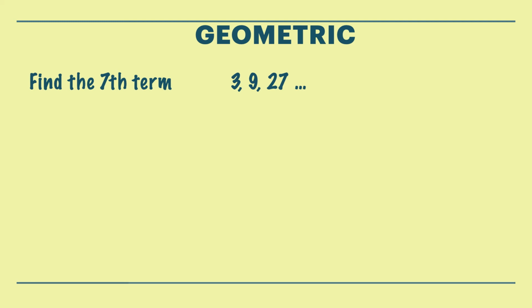So we want to find the 7th term of that sequence. Remember we had a sub n equal to 3 times 3 to the n minus 1 power. Now I have replaced the n with 7. So a sub 7 equals 3 times 3 raised to the 7 minus 1 power. That means a sub 7 is equal to 3 times 3 to the 6th power, because 7 minus 1 is 6.